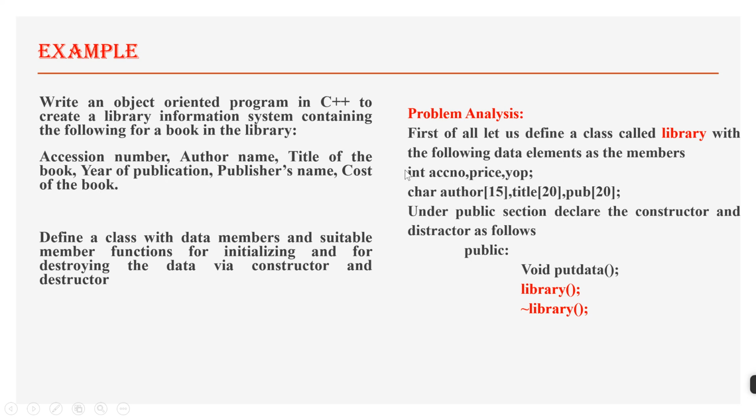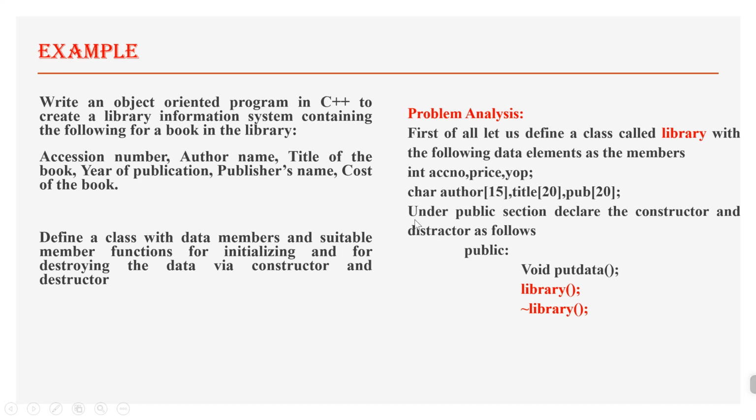Then author, title and name of the publisher are strings. So be clear about these separations. There are 6 data members: 3 integers and 3 strings.